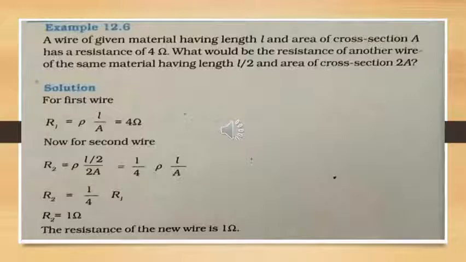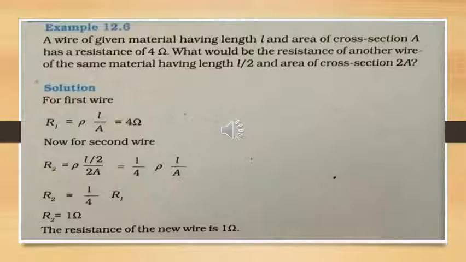A wire of given material having length L and area of cross section A has a resistance of 4 ohms. What would be the resistance of another wire of the same material having length L by 2 and area of cross section 2A? Here the length is half and area is double. So let's see. For the first wire, R1 equals rho L upon A. If you substitute the value, it comes to 4 ohms.